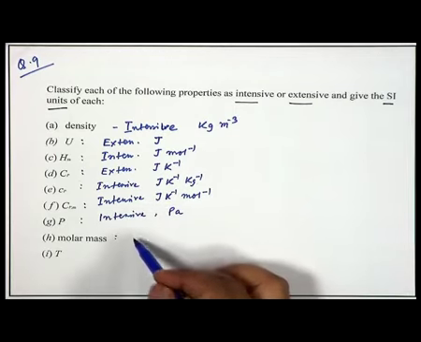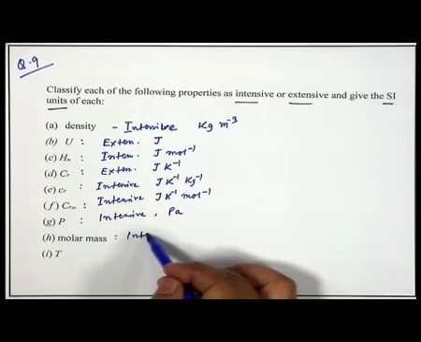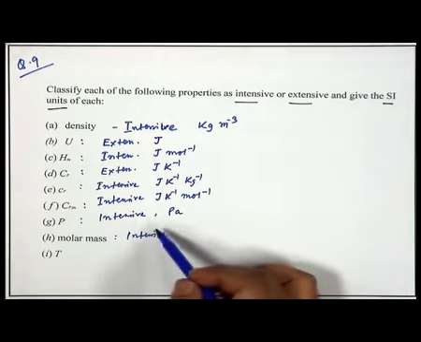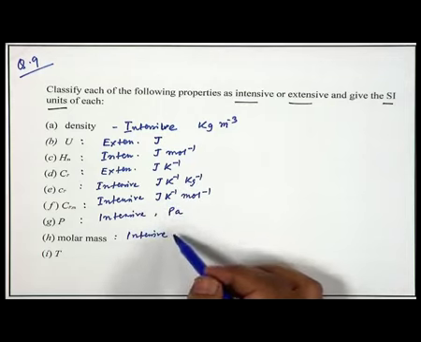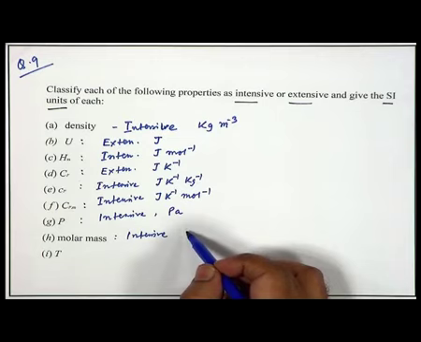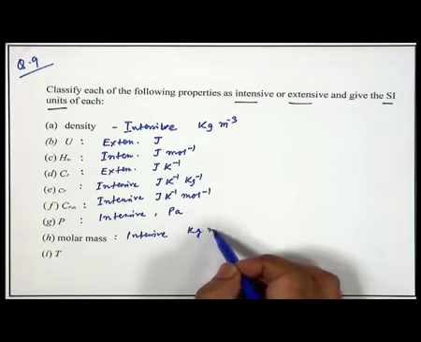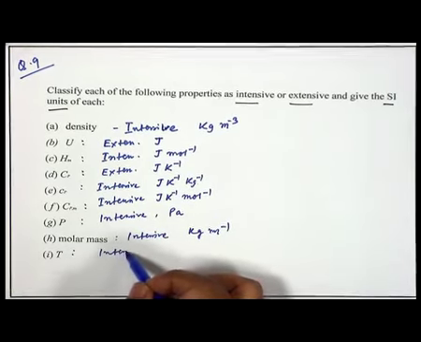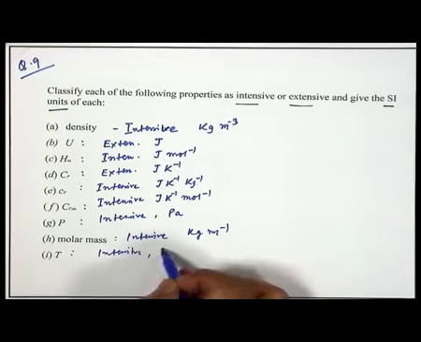Molar mass is again intensive. So, most of the molar quantities or specific per gram quantities are intensive quantities. So, it is kg per mole, and temperature is of course an intensive quantity, and the SI unit is Kelvin.